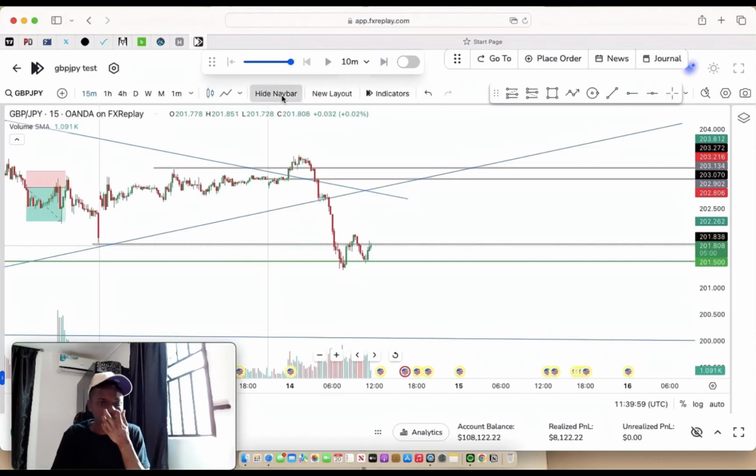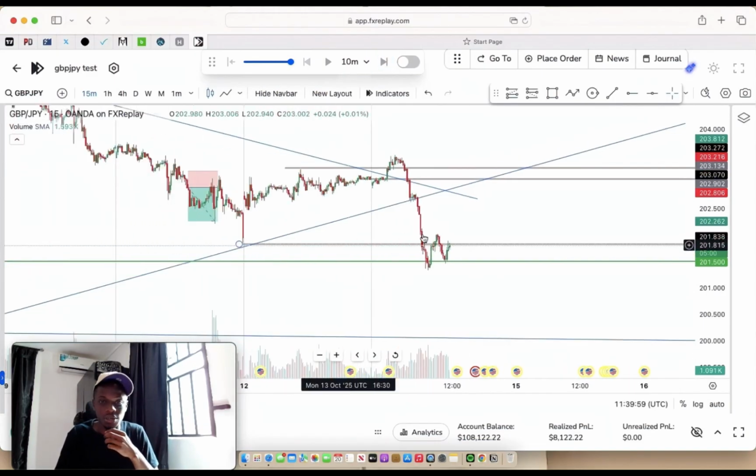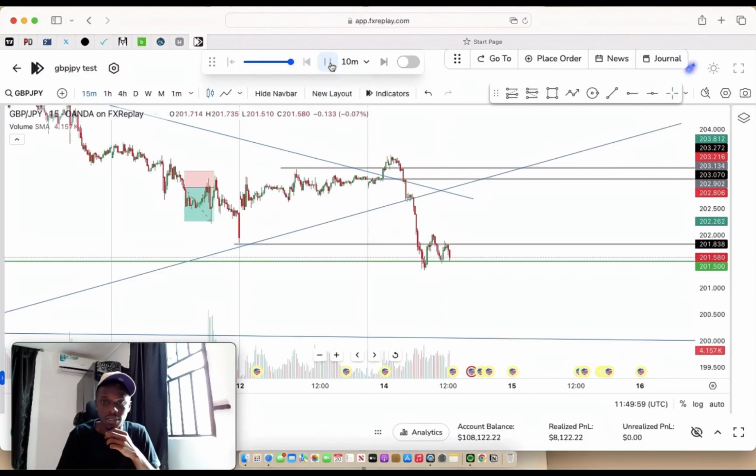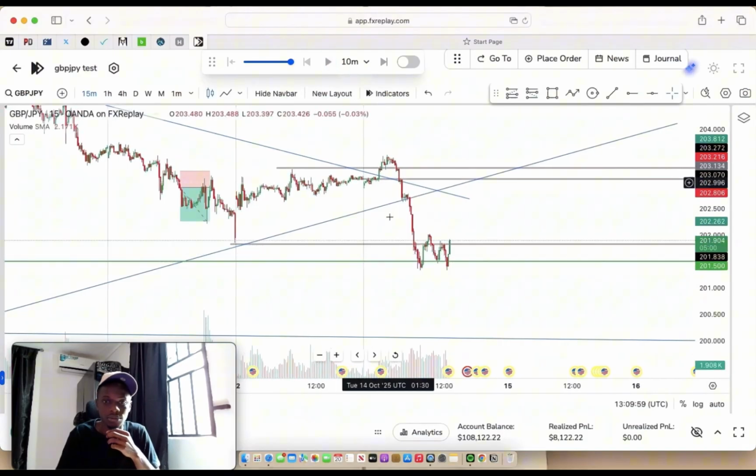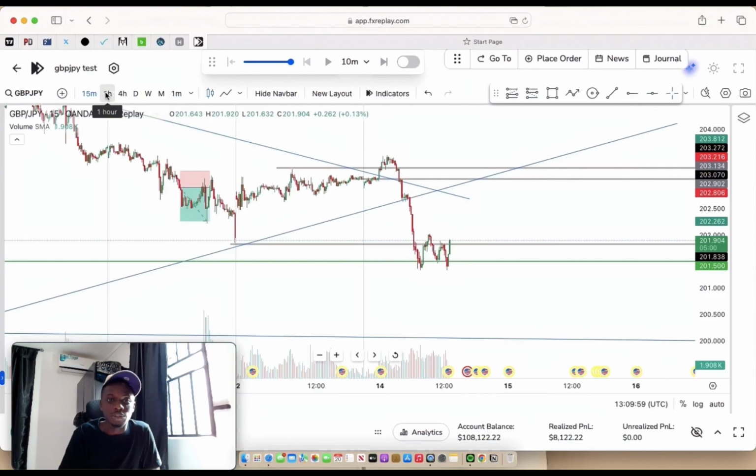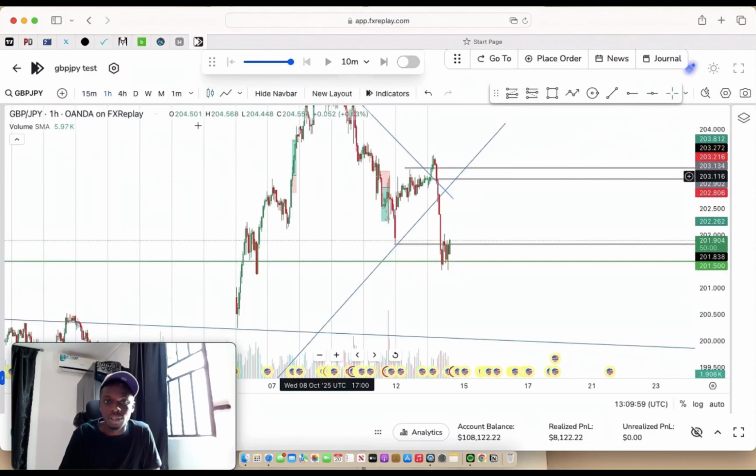If we're trying to fake break the previous day, what I was expecting is trying to happen here. So this is even more bullishness. It's a W pattern, and we're trying to fake break the previous day low.